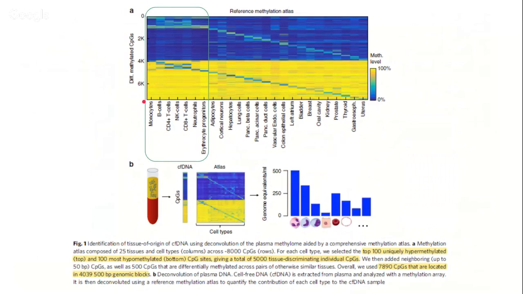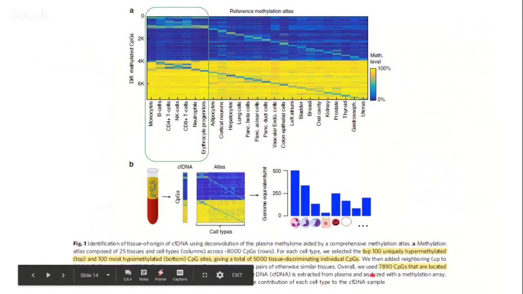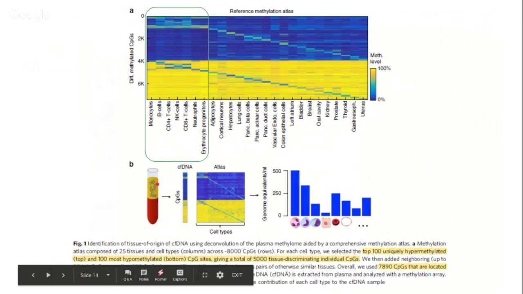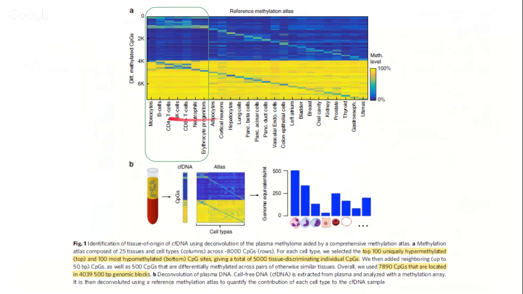And basically, they've chosen close to 8,000 CpGs, 7,890 CpGs, out of all the 850,000 that were assayed, that differentiate the different tissues. And they are either methylated or unmethylated here, unmethylated in blue, methylated in yellow. And basically from the material, they performed the array, and then they did this clustering, this separation into tissues.